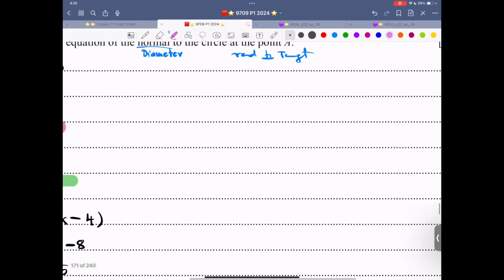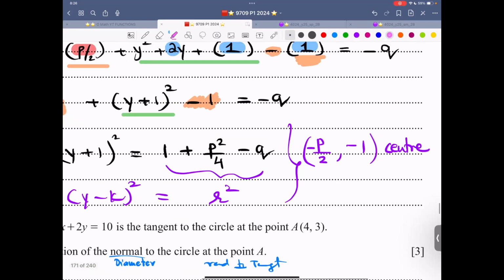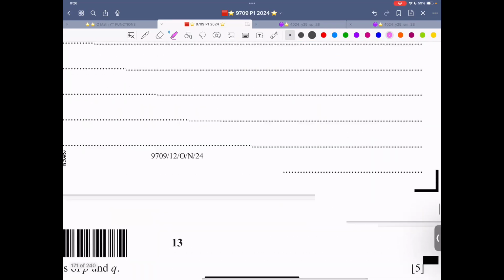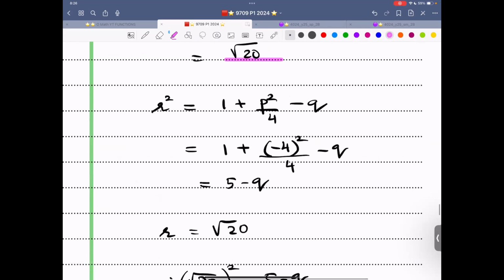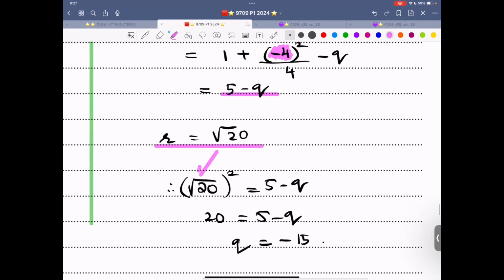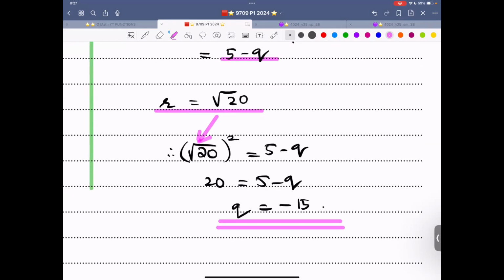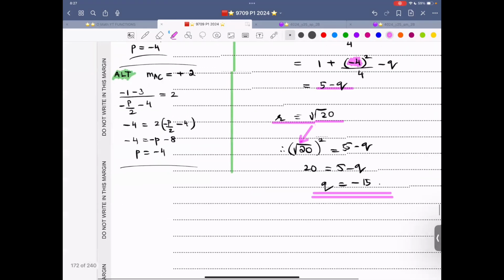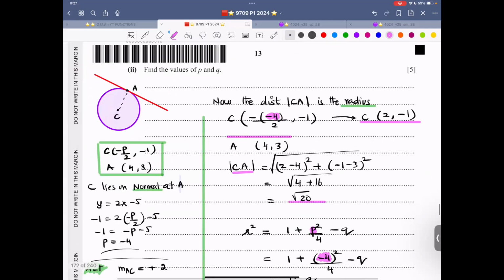But remember, I have found that R square is 1 plus P square over 4 minus Q. So again, P is substituted as -4 and simplified. That is R square. This is R. So plug R over here, square it, equals to this, and you get a beautiful answer, which is Q equals minus 15.